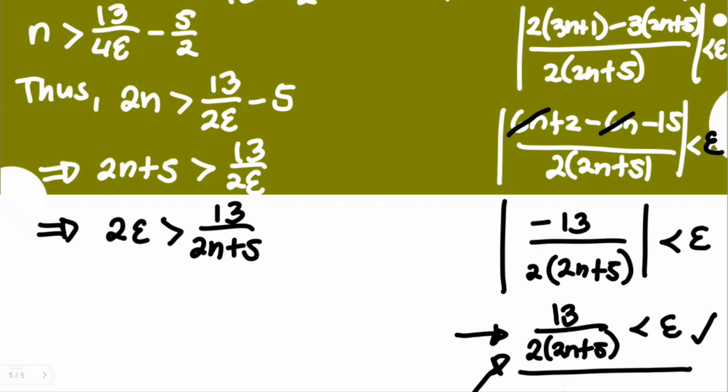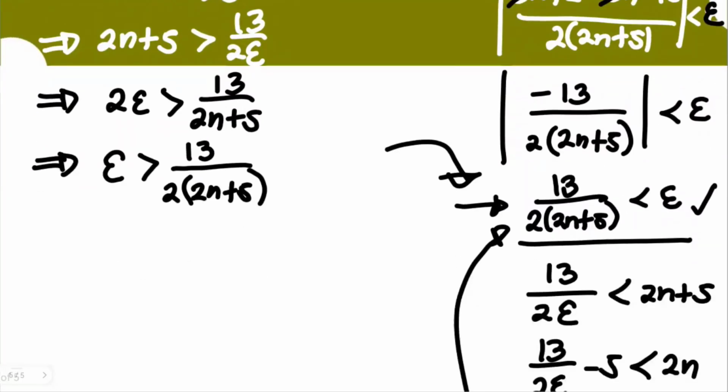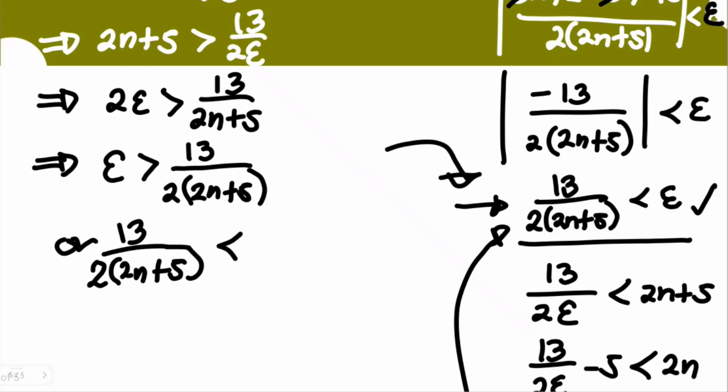Then dividing both sides by 2, you have epsilon is greater than 13 over 2 times 2n plus 5. You can see this is similar to what we had earlier; we just change the inequality. You have 13 over twice 2n plus 5 is less than epsilon.